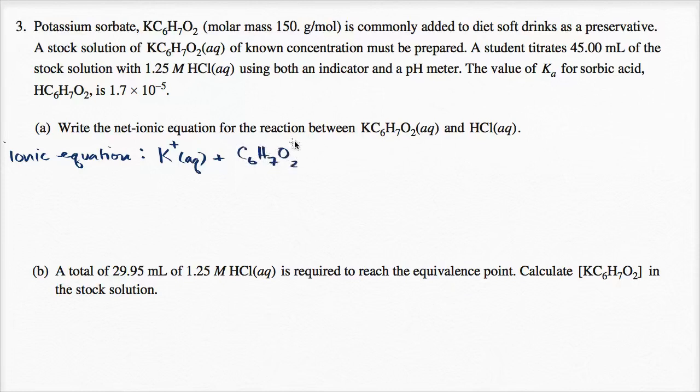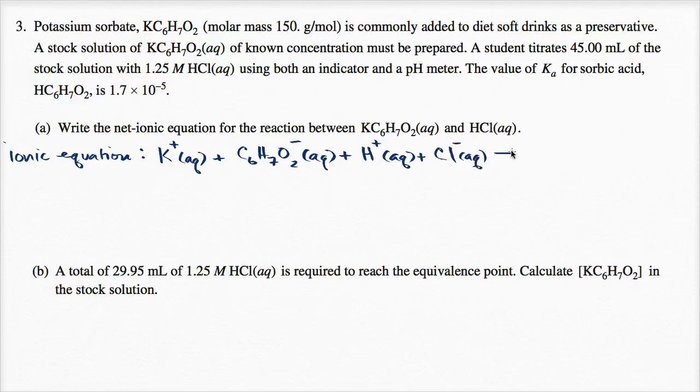C6H7O2. This is also going to be an ion dissolved in the aqueous solution, plus the hydrochloric acid will dissolve, so you have the hydrogen proton dissolved in the aqueous solution, plus the chloride ion, or anion, I guess we could say it. So that's going to be in our aqueous solution.